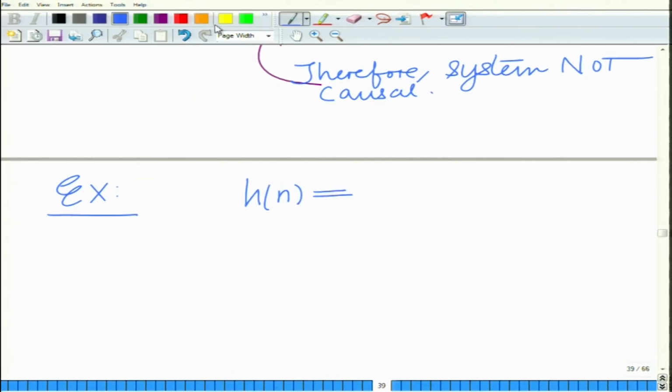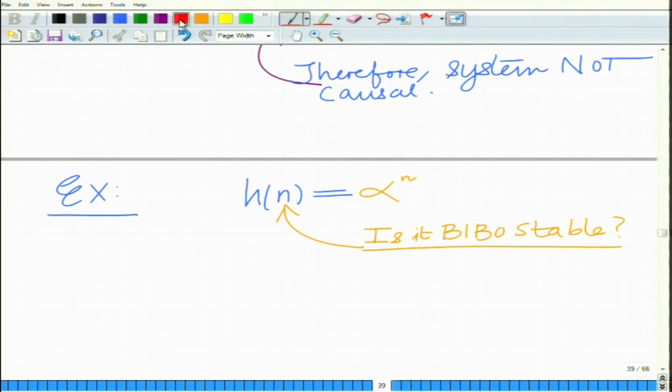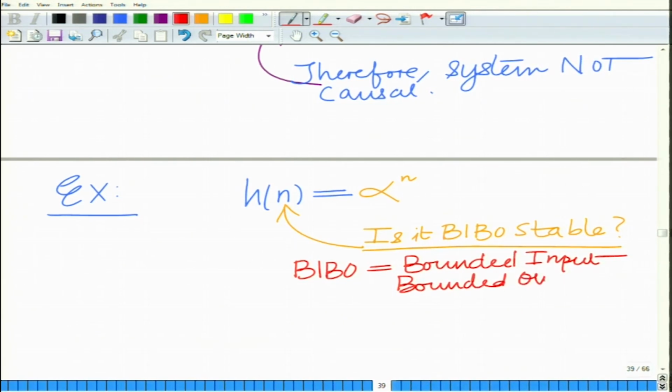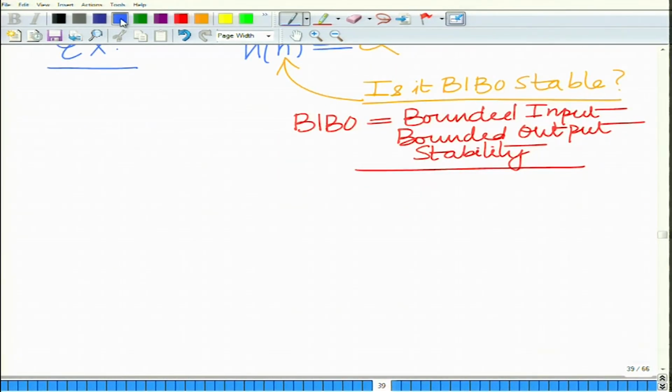So, we are going to check if the given LTI system, with impulse response h of n given by alpha to the power of n u of n, is BIBO stable. Is it BIBO stable?